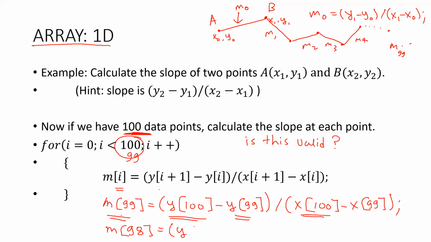M 98 sama dengan Y of 99 tolak dengan Y of 98, divided by and so on. So dia boleh. So dia akan berhenti setakat 99. Yang ni tak ada masalah sebab dia masih lagi dalam boundaries. Mungkin kita terlepas satu slope tak ada masalah, tapi yang penting untuk points, none of this element is outside the boundaries.